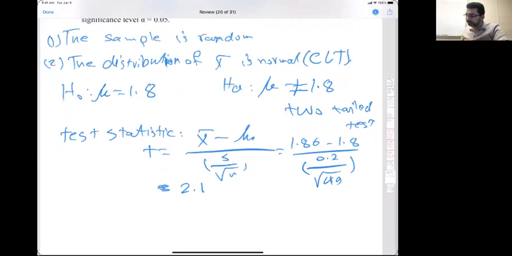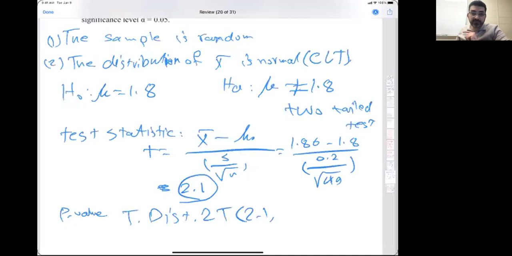Okay, now the p-value. This is a two-tailed test, okay? And the value for the test statistic is positive. So we will use the T distribution, two-tail, and the value 2.1, and degrees of freedom.